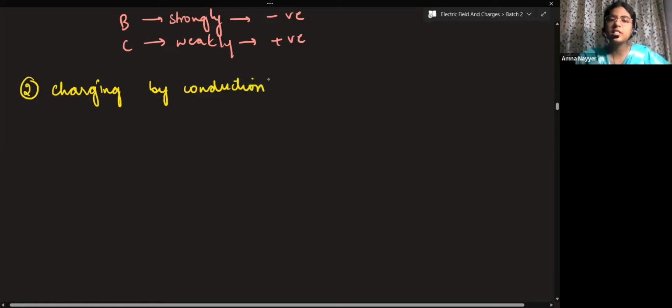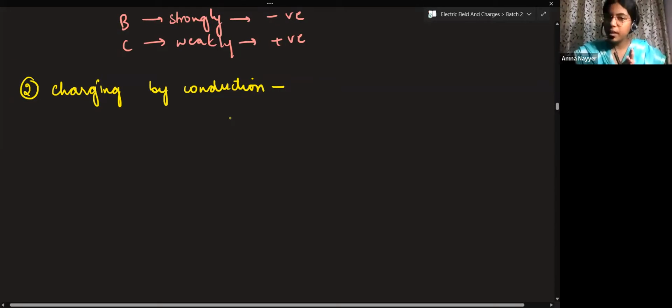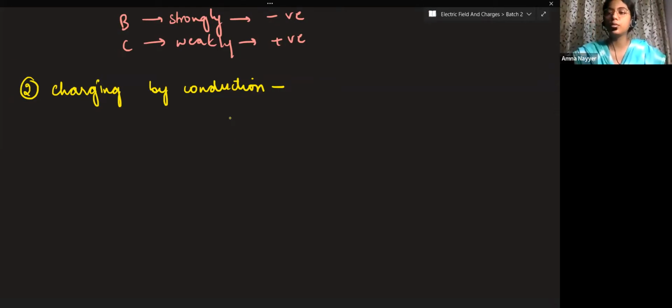So see, charging by conduction is also similar to charging by friction. The difference is that in conduction, we do not rub two bodies against each other. In charging by friction, both bodies were rubbed against each other, working against the frictional forces, which caused the transfer of electrons.